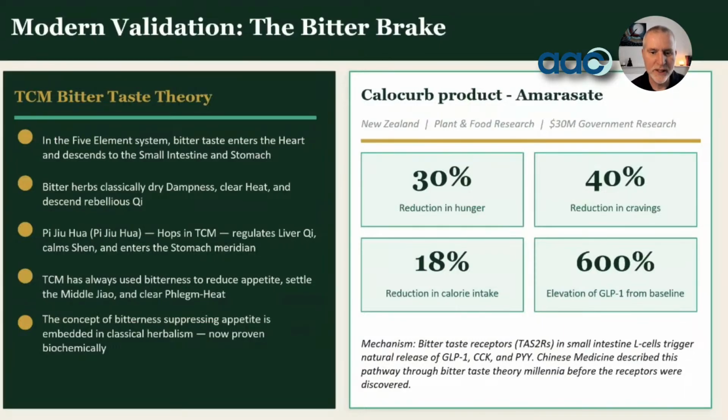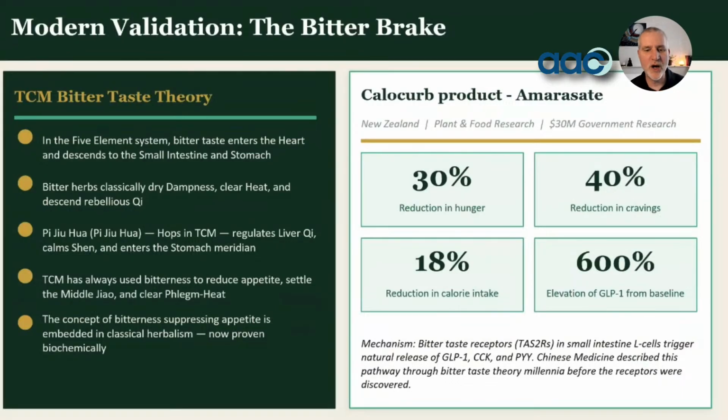Those receptors trigger the L cells to release GLP-1, CCK, and PYY, which helps regulate the feeling of fullness and satiety, and helps with regulating the slow emptying in the stomach.